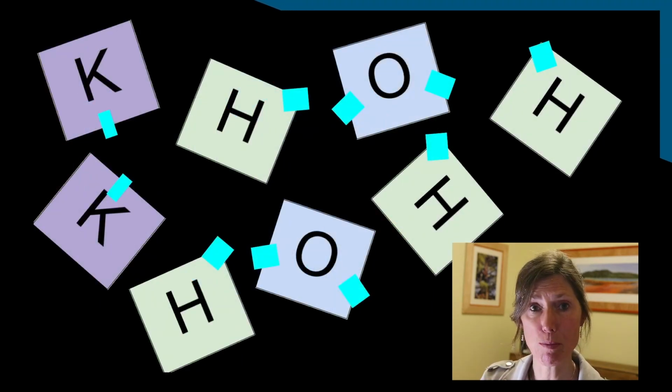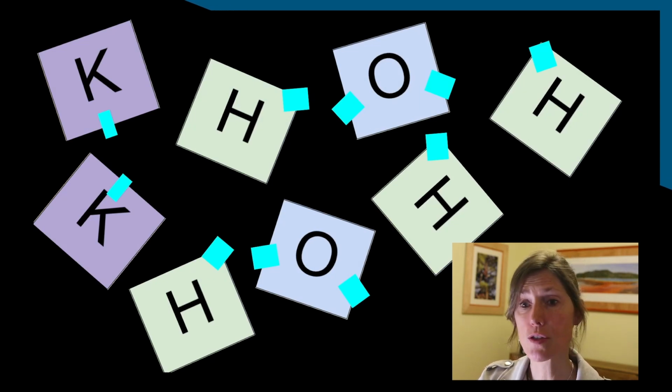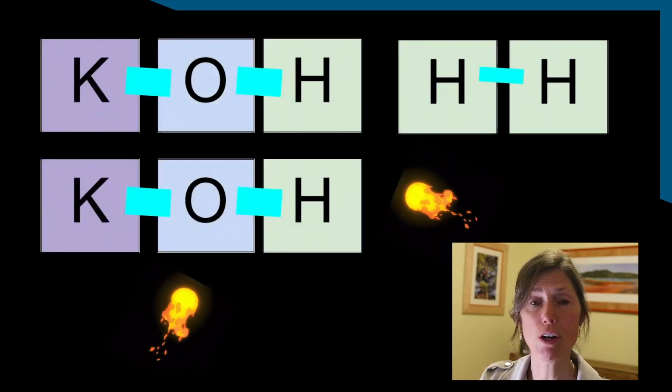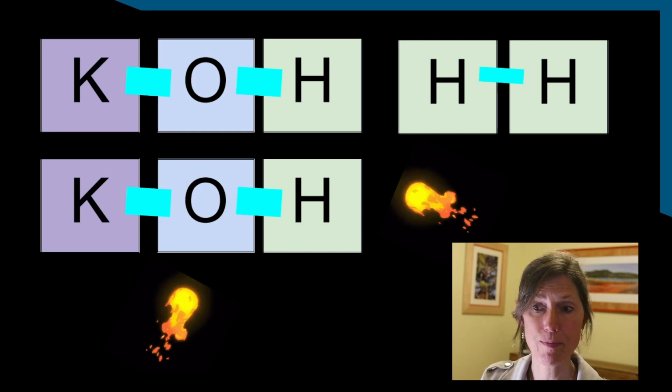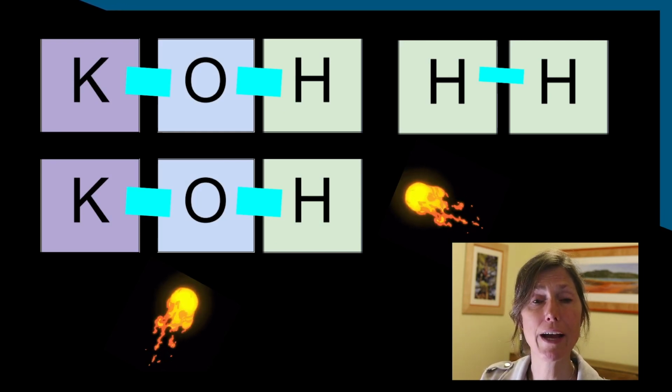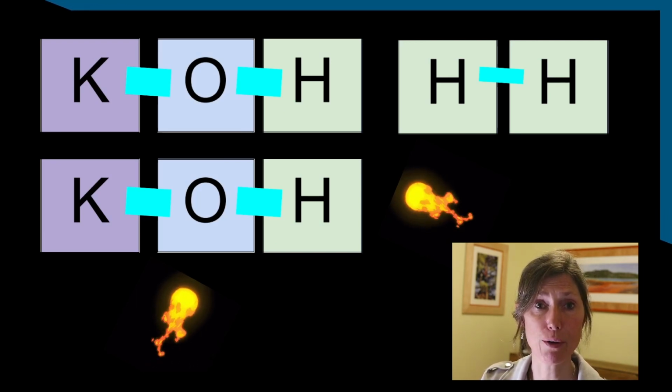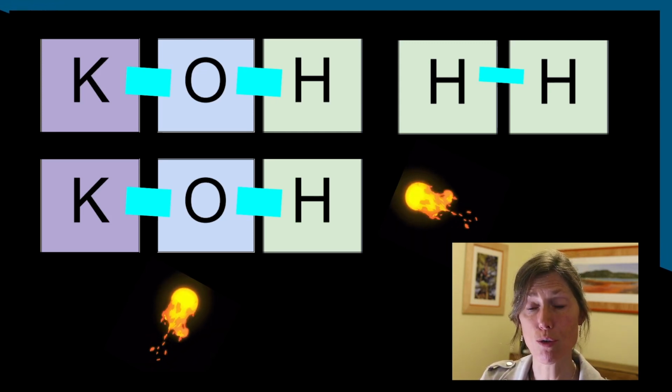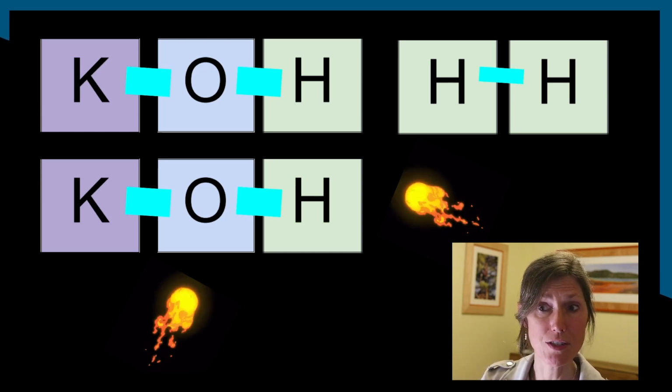Once those bonds are broken, new combinations can reappear. So potassium now chooses to hook up with hydroxide, and the remaining hydrogen atoms combine together to form the hydrogen gas. And as a result of these new combinations, a lot more energy is released.